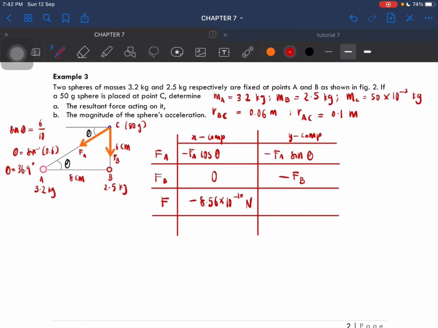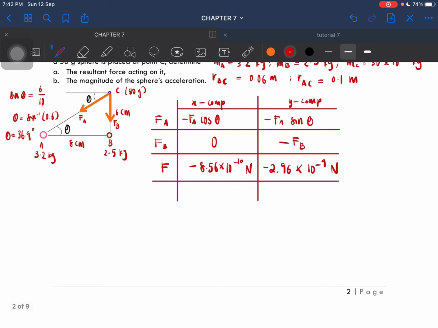For the Y component, you should get negative 2.96 times 10 to the negative 9 Newton. To find the values of FA and FB, you use the gravitational force formula, which is G M A M B over R AB square. The force at B is the same, using the same formula, but this time with R BC.